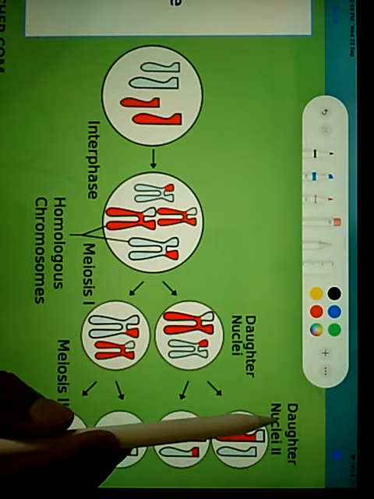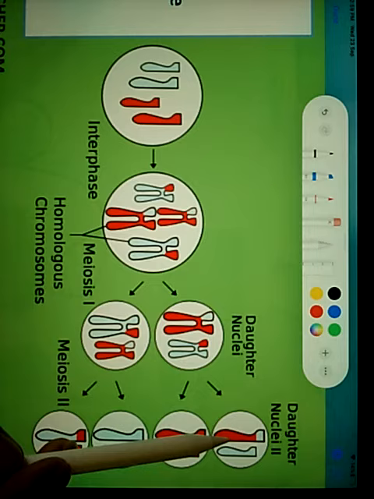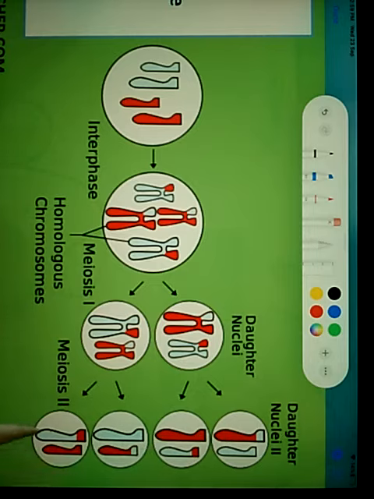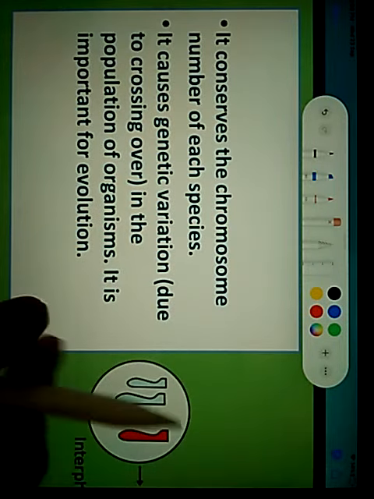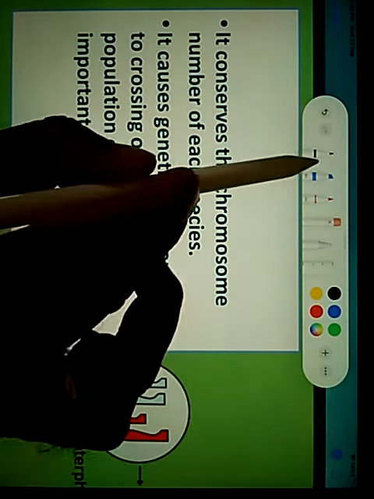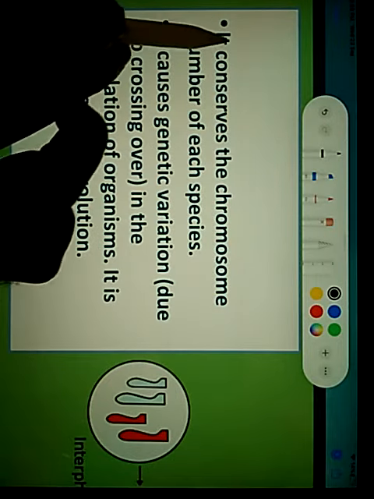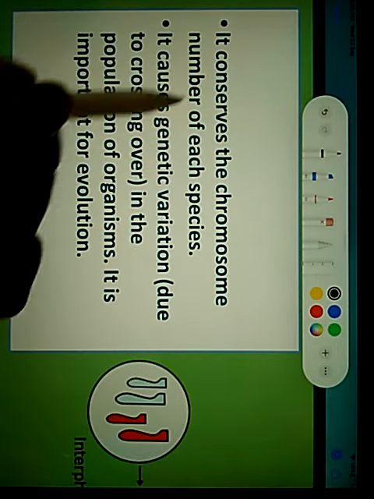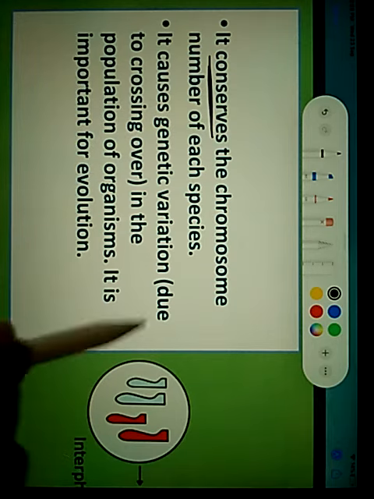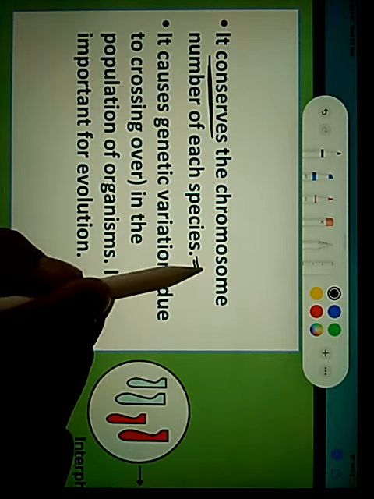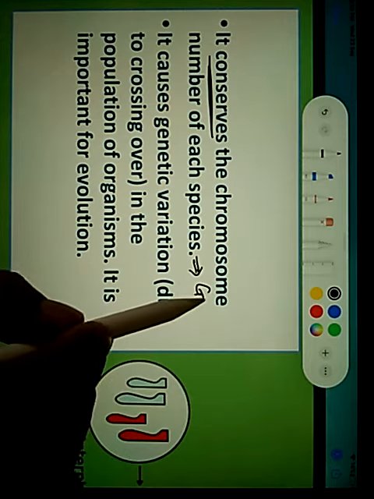So daughter nuclei number 2 will contain single haploid cells, right? That is how the entire process works. So the two important events which happen here give us the significance. It conserves the chromosome number in each species, generation by generation.